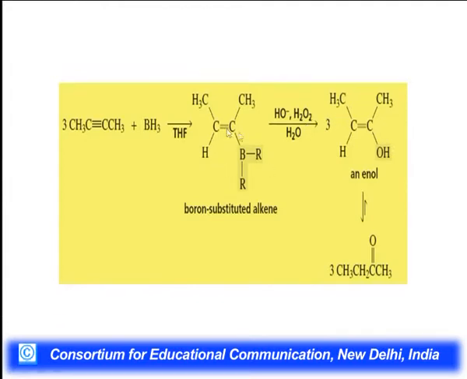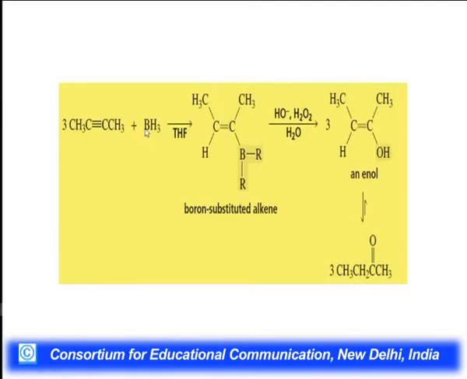What we have to remember is that the overall reaction is a syn addition, and the addition of the water molecule is anti-Markovnikov. Whereas when we are doing mercuration, demercuration, the addition of water is Markovnikov, and it is an anti-addition, whereas in this case it is a syn addition.